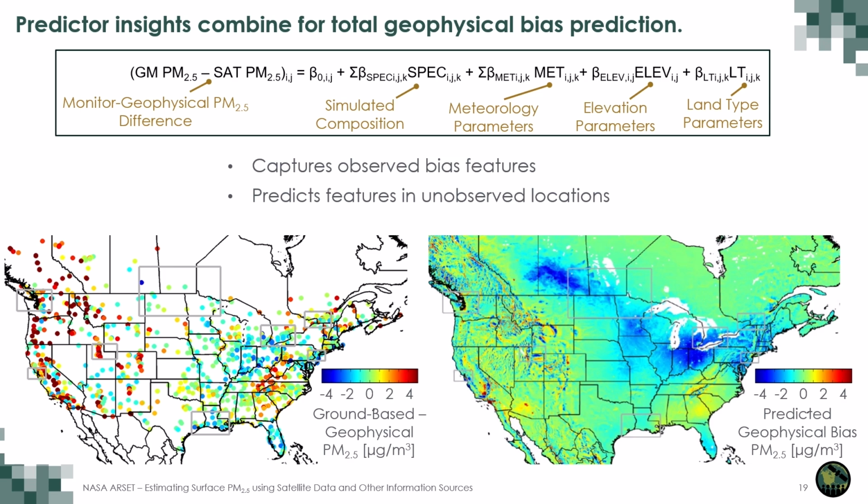On the left, we have the original biases that were observed against the ground-based observations, and on the right, we see the total GWR predicted bias in the geophysical PM2.5. You can see how this approach captures the major features we discussed earlier, such as the overestimate in the Great Lakes region, but beyond that, it predicts that this feature extends further north and west into parts of the Canadian prairies, a region with far less ground-based constraints.